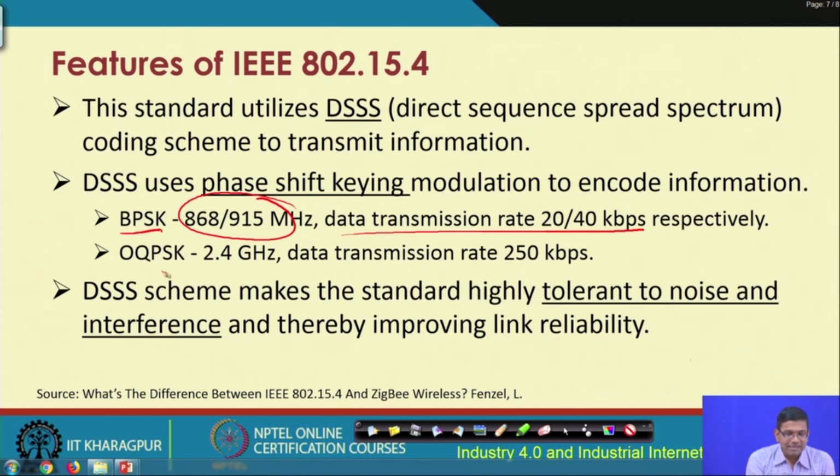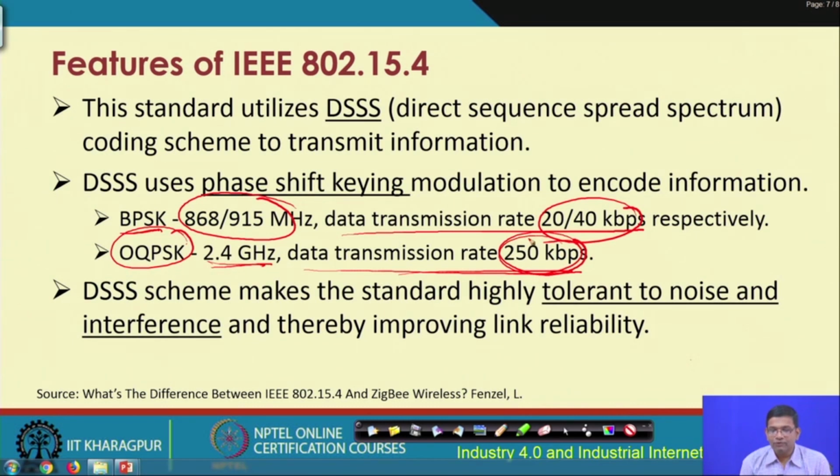And there is another one which is used for the 2.4 gigahertz frequency band, which is the OQPSK, the offset QPSK, quadrature phase shift keying, and this offers a higher data transmission rate of about 250 kbps. So, BPSK offers 20 to 40 kbps, and this one offers about 250 kbps, a higher data rate in the 2.4 gigahertz frequency band.